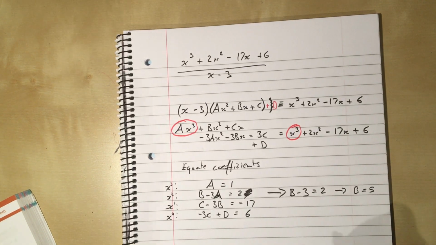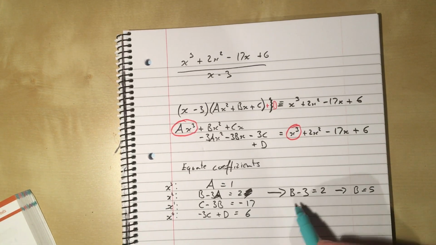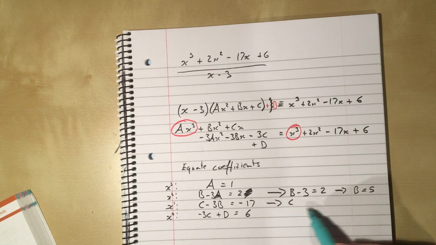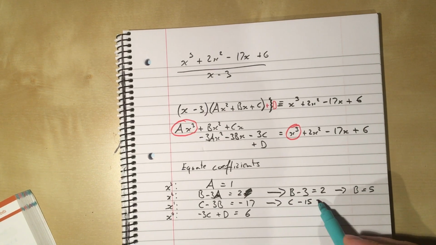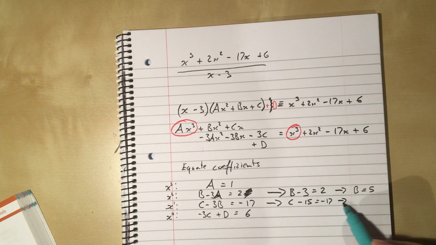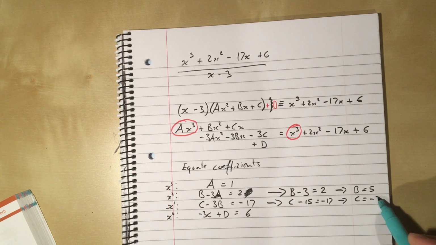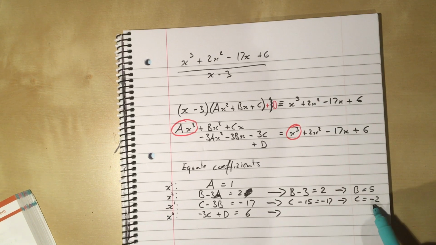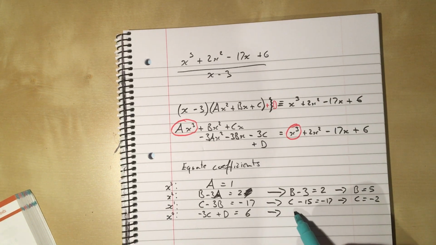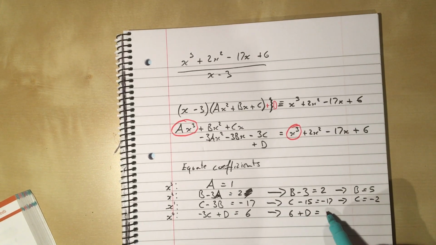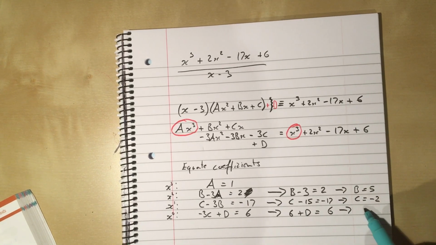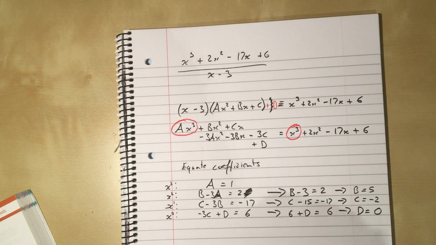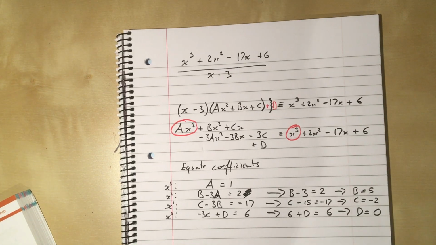And then if we take that and put it in here, we get C minus 15 equals minus 17. So that gives us C equals minus 2. And if C equals minus 2, then 6 plus D equals 6, which tells us that D equals 0, which we knew already because we've done this with the other method and it turned out there wasn't a remainder.